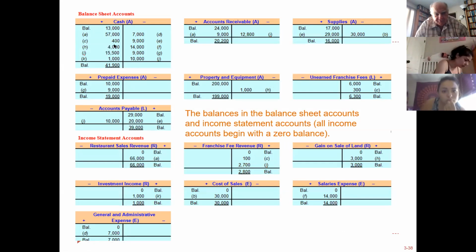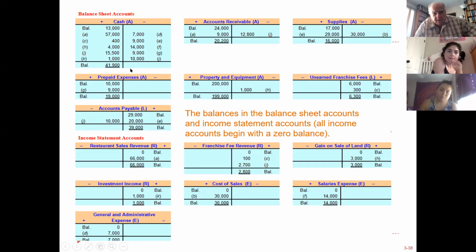The answer is you add the columns and the high man wins. In other words, you had 13,000 at the beginning. You received 57,000. Your cash balance at that point would have been $70,000. But then you spent 7 and went down to 63, et cetera, et cetera.